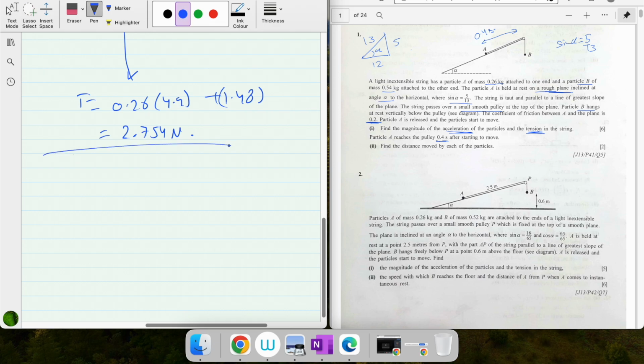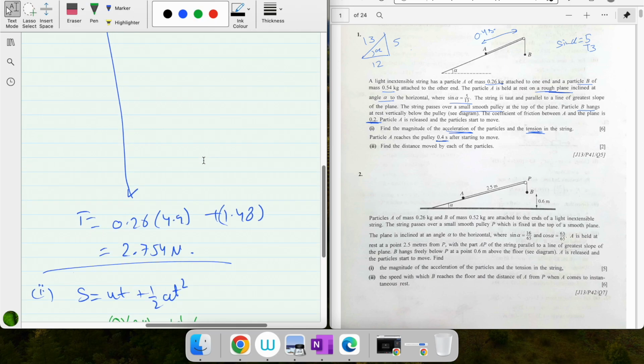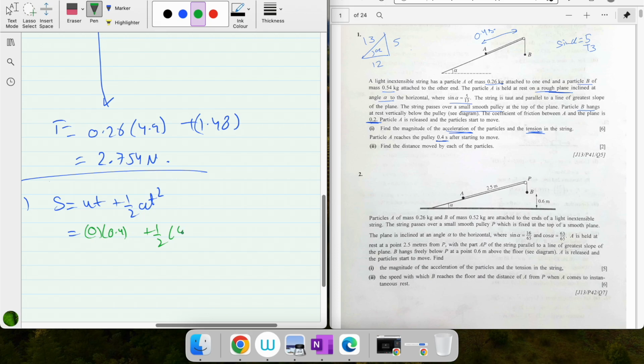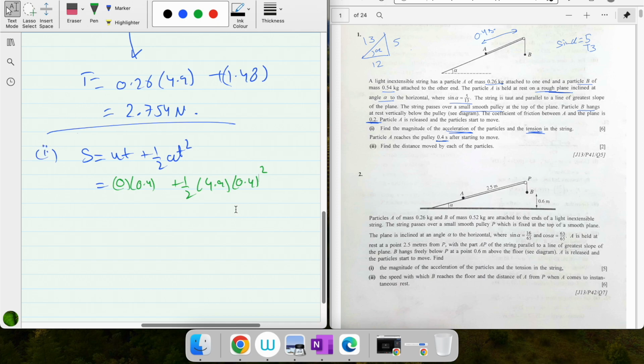So I can use the equation s equals ut plus half at squared. Initial velocity was 0 and time taken is given, which is 0.4, plus half, acceleration we just found, which is 4.9, and time is 0.4 squared.